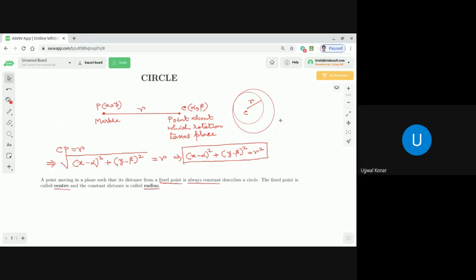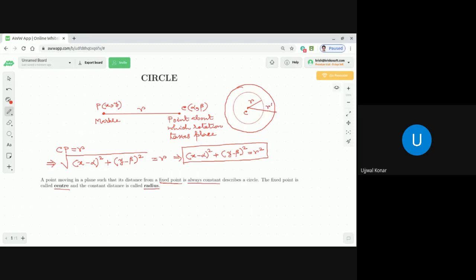So what I wanted to mean is that, I'm facing a little difficulty to draw that one, but you understood what I mean by concentric circle. If I draw it freehand, it is something like this, with the same center C but a different radius. Suppose here the radius is r dash.